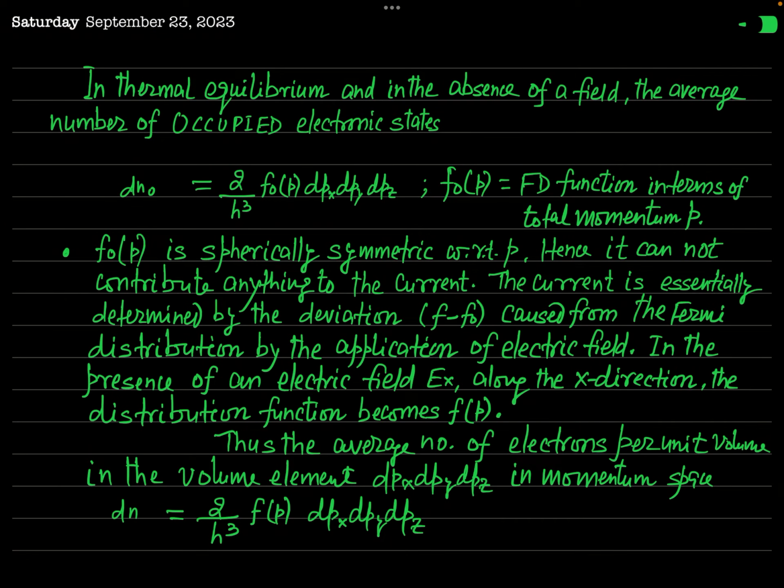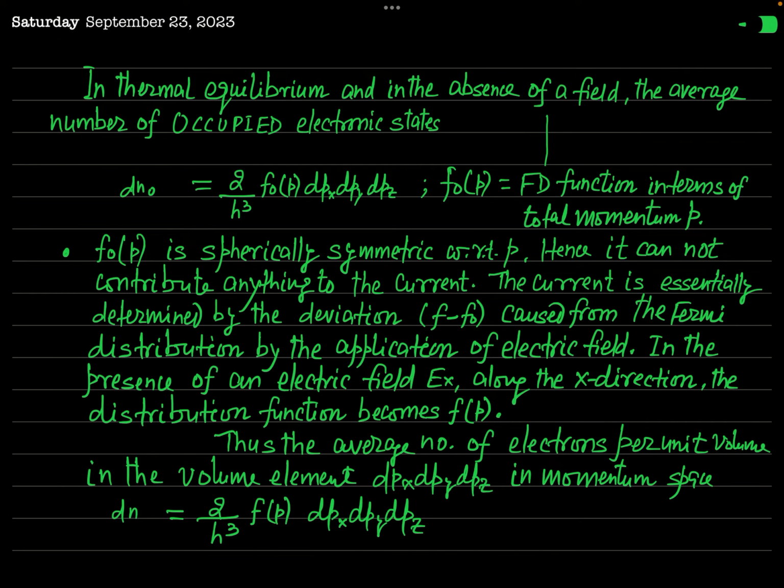Now, as I was telling you, it is not necessary that all the possible quantum states are occupied by electrons. It depends on the availability of electrons. So if your aim is to find how many quantum states are occupied by electrons and how many quantum states are empty, how can you find it? Actually, the Fermi-Dirac distribution function is the suitable candidate to find this. The Fermi-Dirac distribution function is also called the occupation probability.